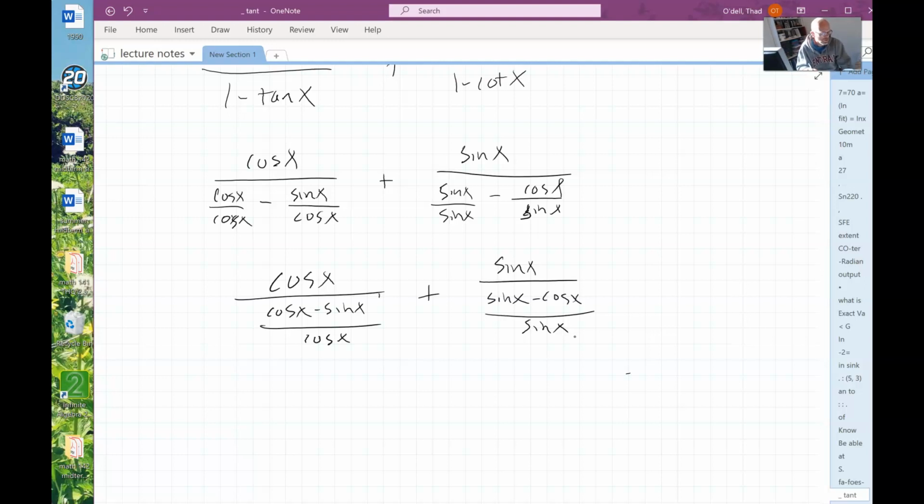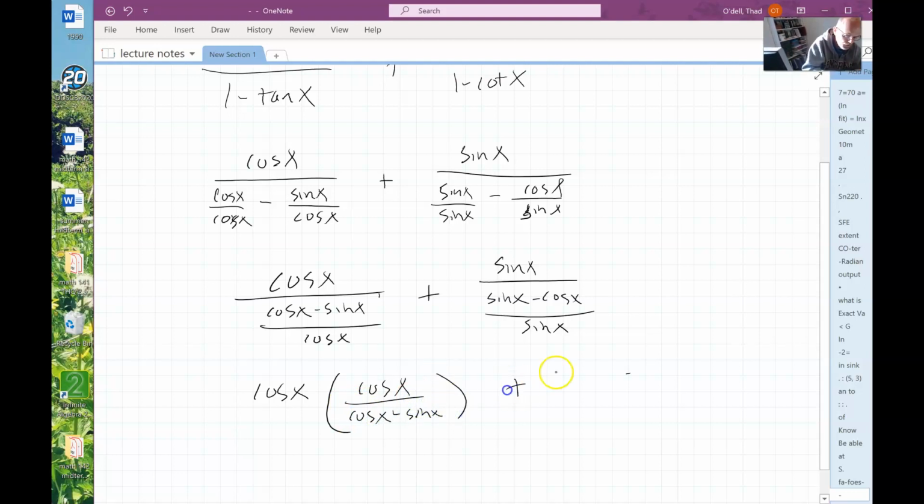That's a complex fraction, so in this case it's pretty easy. I can just multiply by the reciprocal of the bottom, so this is going to be cosine times cosine over cosine minus sine, and this is going to be sine times sine over sine minus cosine.